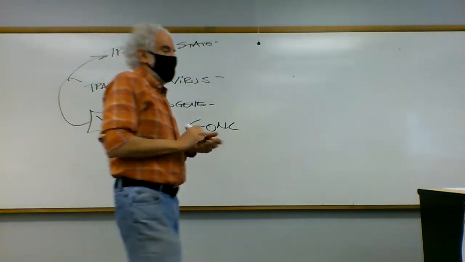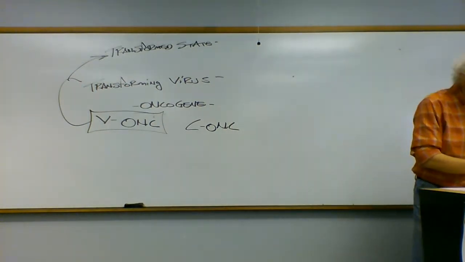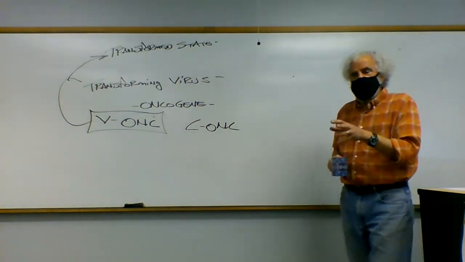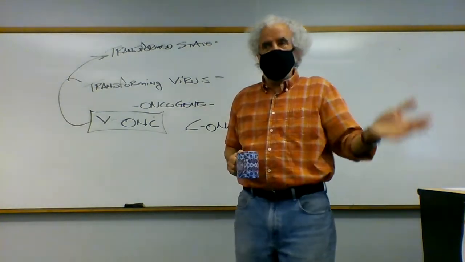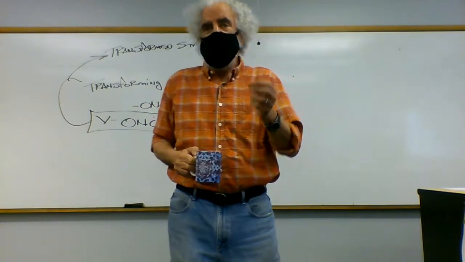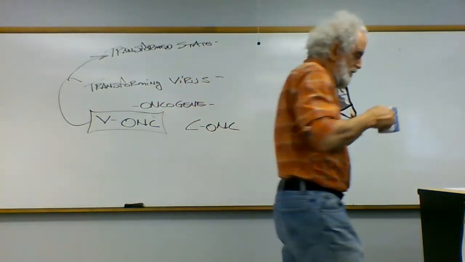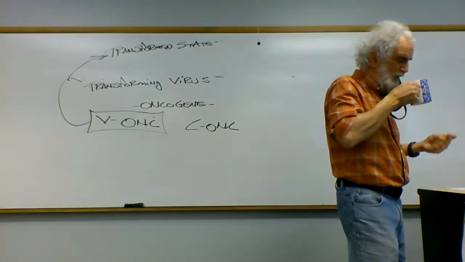So this actually opens the door to the study of oncogenes. The kind of gene that was involved in all these different viruses begins to be identified, and in every case, it turns out there is a cellular homologue. And the mutations can be quite wide-ranging.